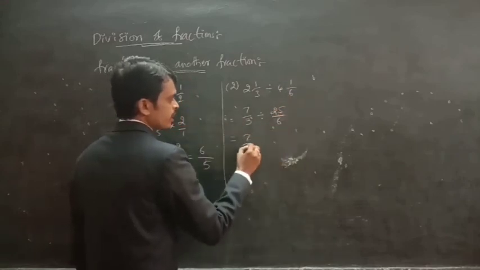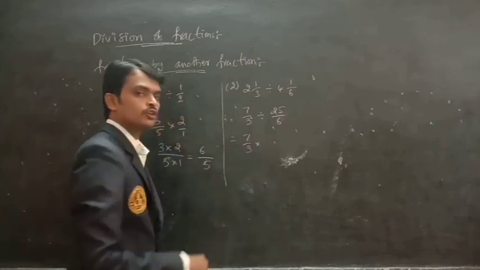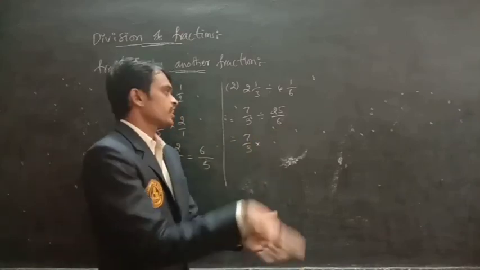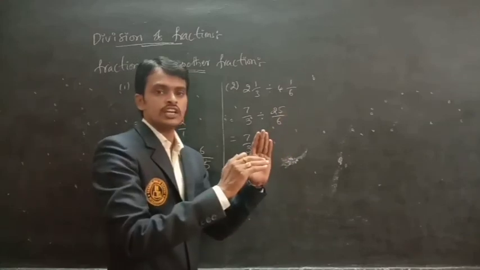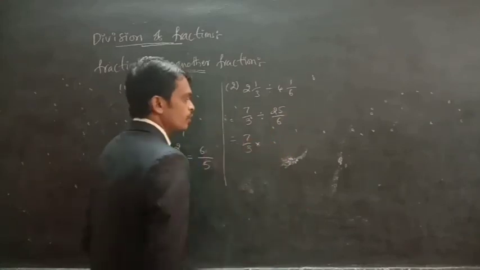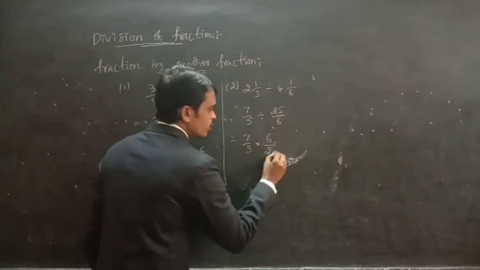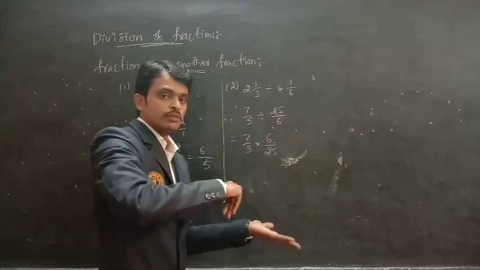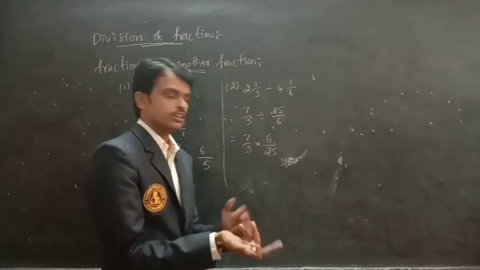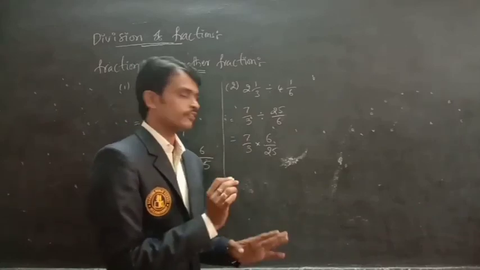Now 7 by 3 into, now we are changing to the reciprocal. The reciprocal of 25 by 6 is 6 by 25. So just change the numerator to the denominator and the denominator to the numerator. This is called the reciprocal of a fraction.